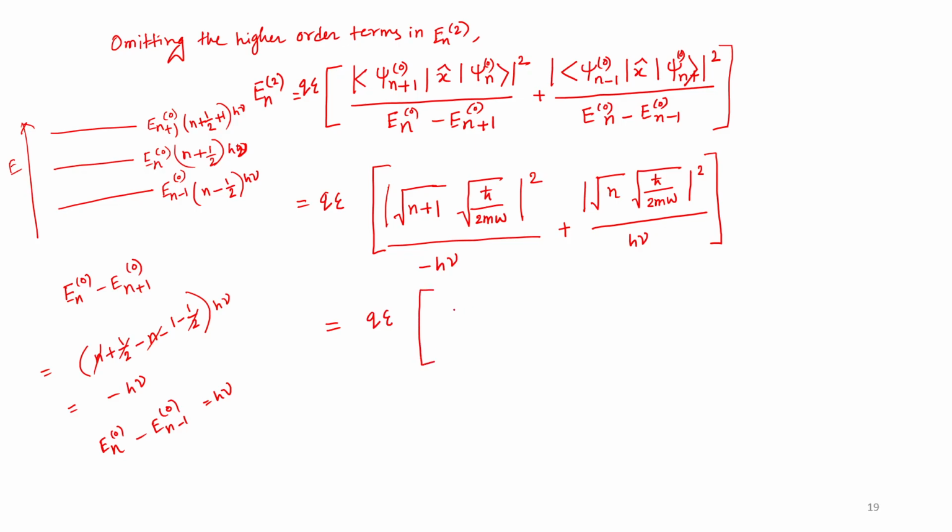We are going to get something like n plus 1, with the minus sign, h nu there, plus n by h nu, and we are also going to take h cut over 2m omega outside, which is nothing but q epsilon, h cut over 2m omega, into h nu.